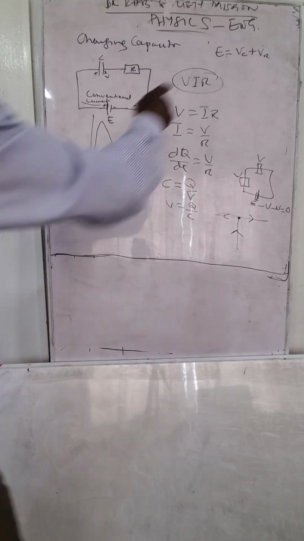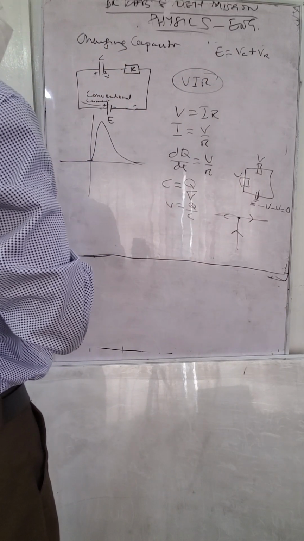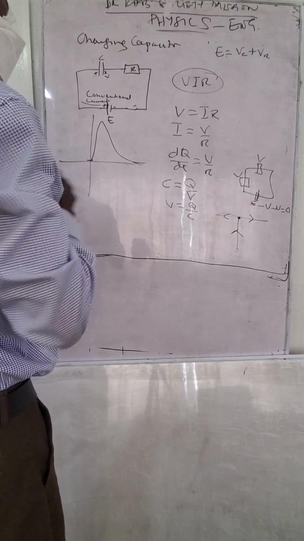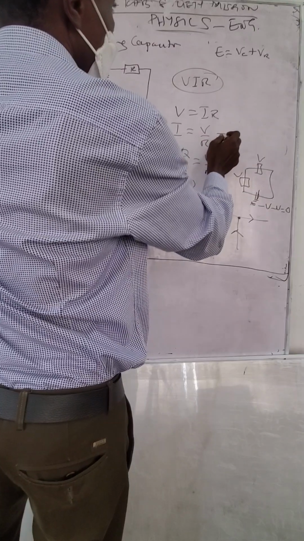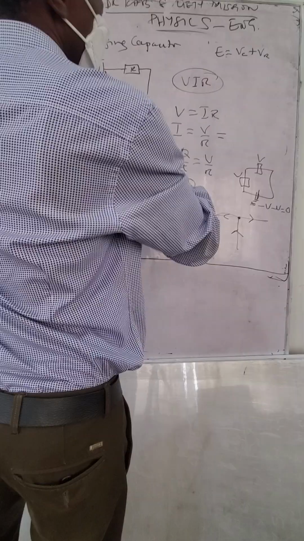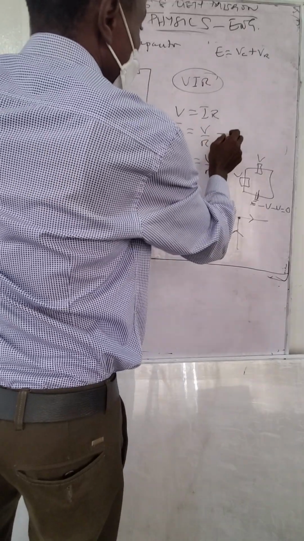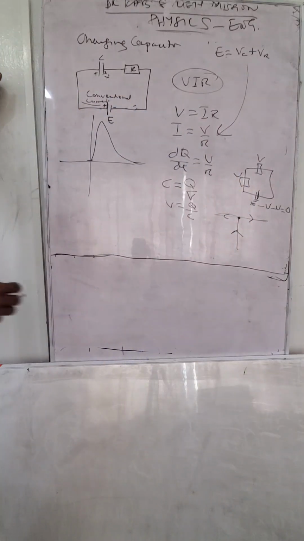So from here, we can have the voltage that we're talking about. Let's put a proper equation here. So this voltage for C, we will relate this one to this to find the equation.